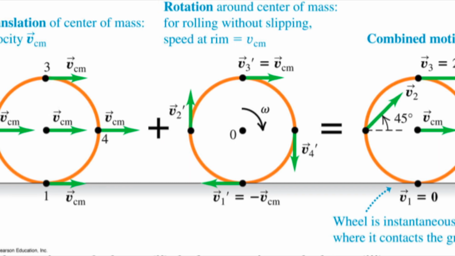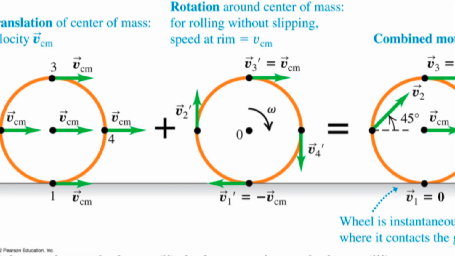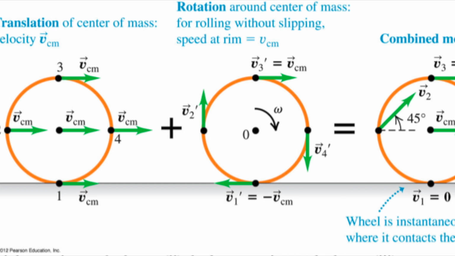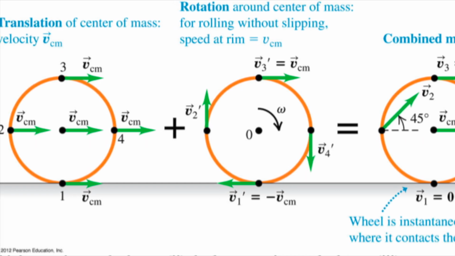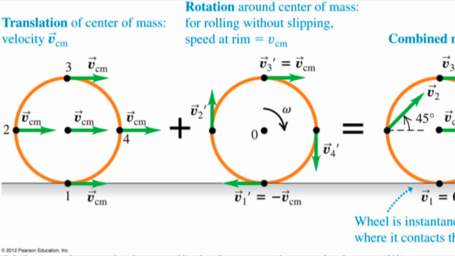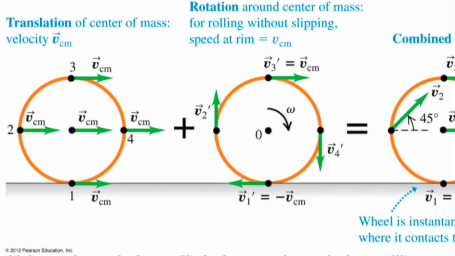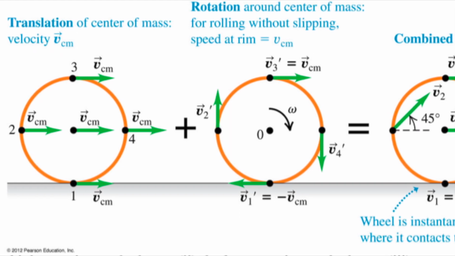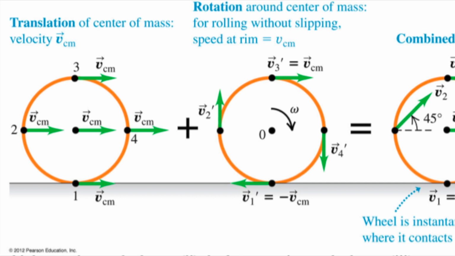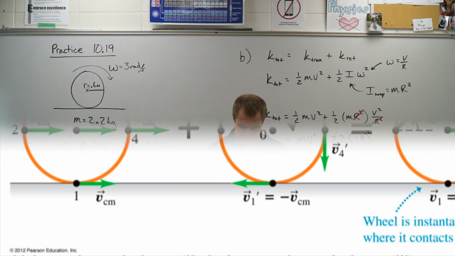The key point to note here is at the bottom, the velocity is 0 relative to the road because it's rolling without slipping. That's because it's moving to the right linearly, but rotationally it's moving to the left, and those two cancel each other out. So its net velocity there, or its relative velocity to the ground, is 0. And that is how you answer part C. There you go.